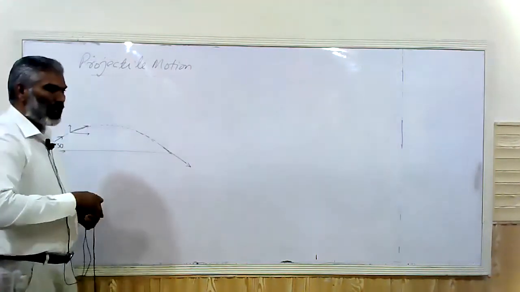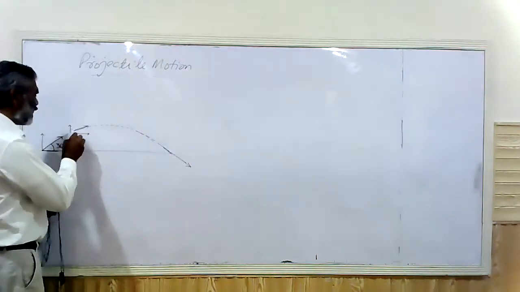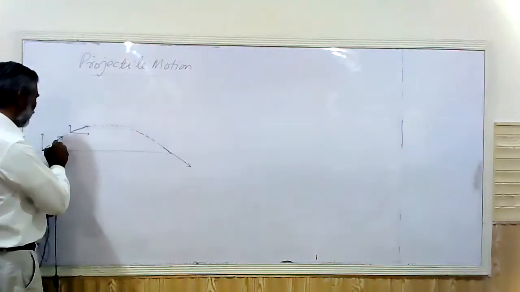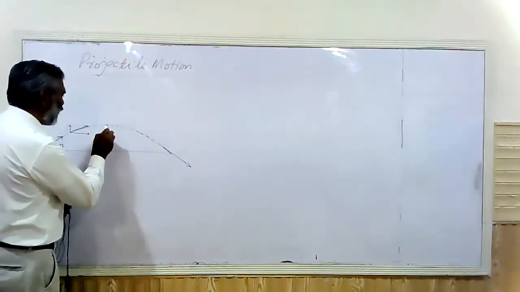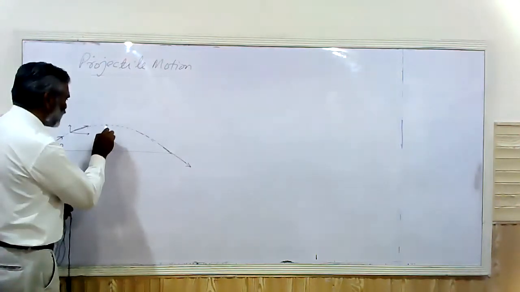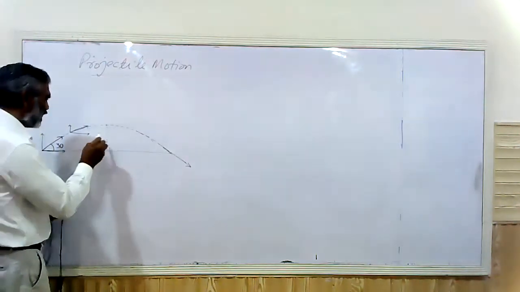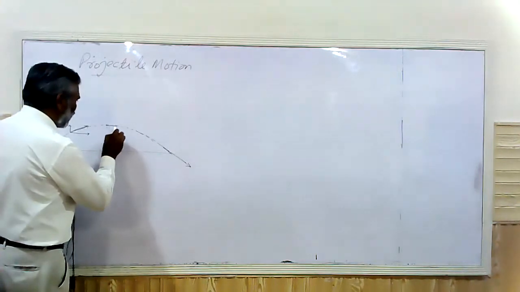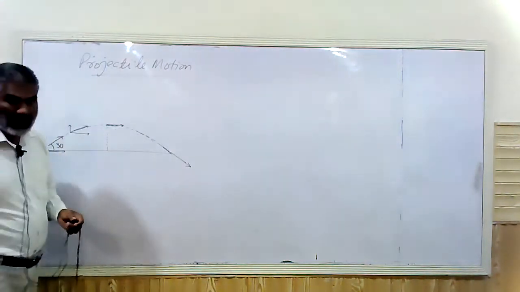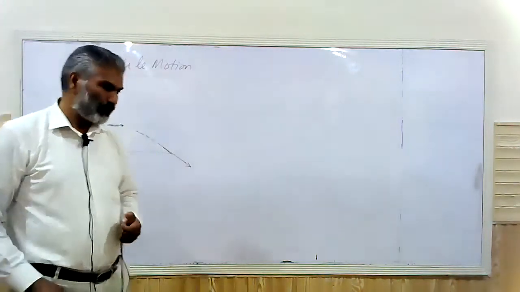As it moves up, the horizontal component of velocity remains constant, but vertical component goes smaller and smaller, and at the maximum height, suppose this is the point where the object is at the top of its trajectory, this is where only horizontal component survives and there is no vertical component now.